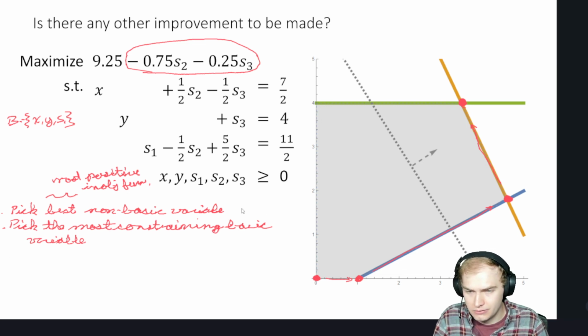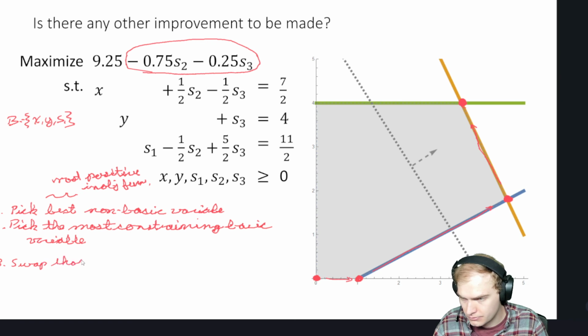And then 3, swap those two. And then 4, find a new canonical form.